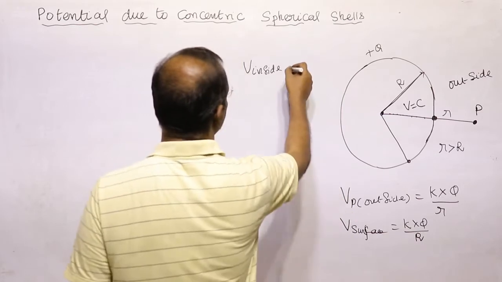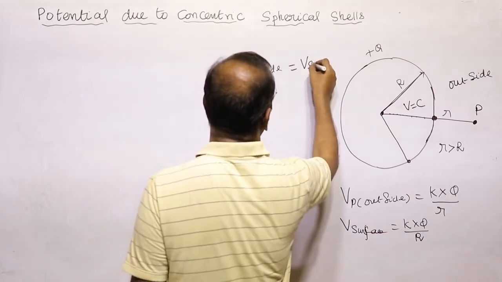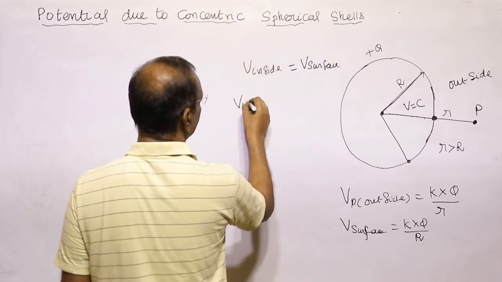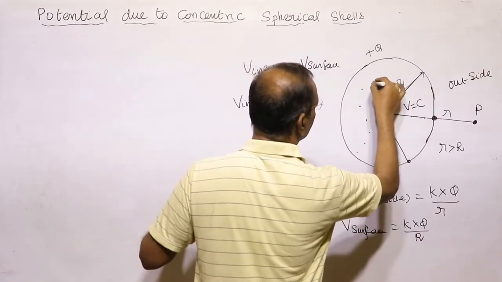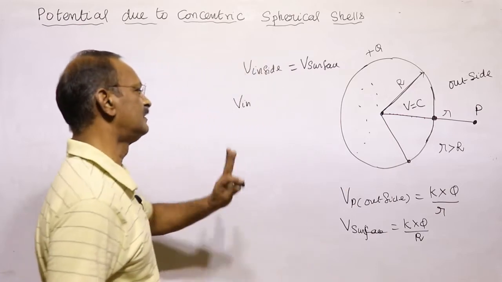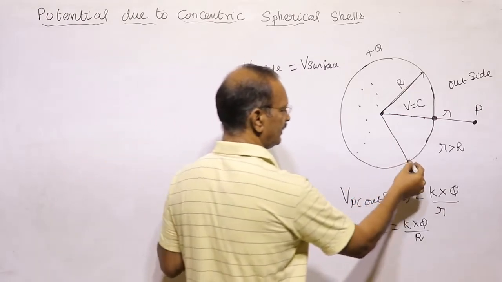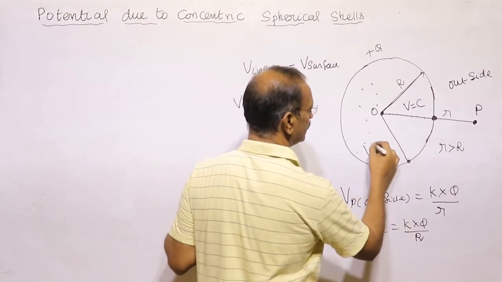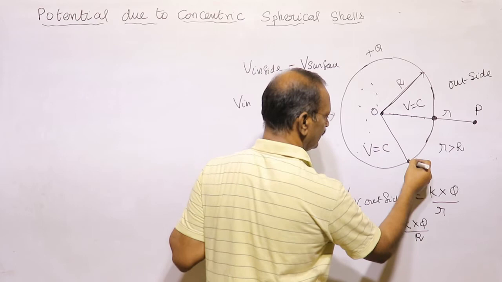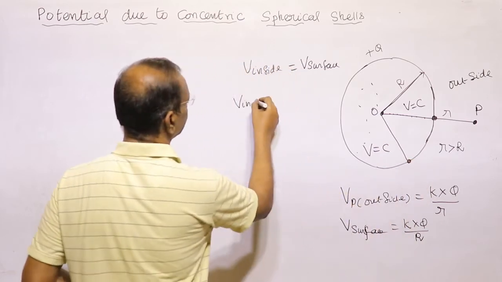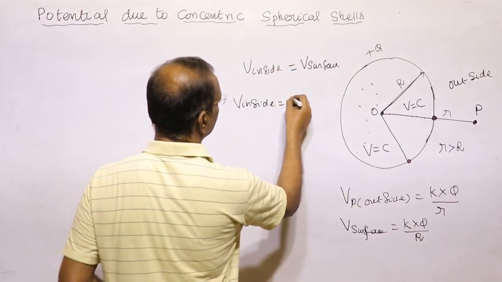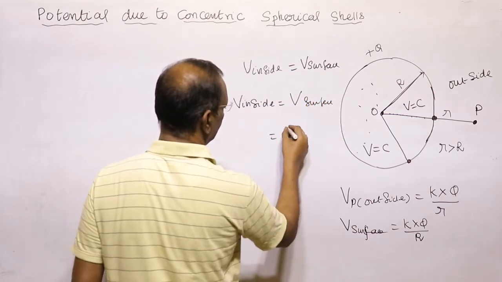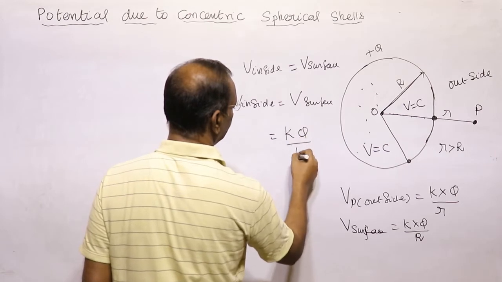So potential inside is equal to potential on the surface, anywhere inside, irrespective of the distance from the surface up to the center O. The potential is constant, which is simply the potential on the surface, equal to K into Q divided by R.